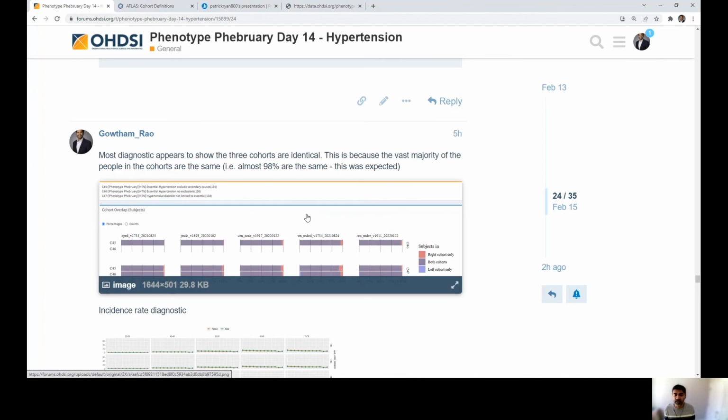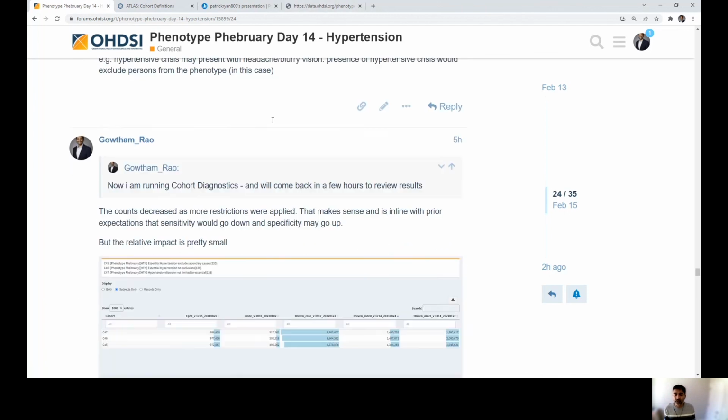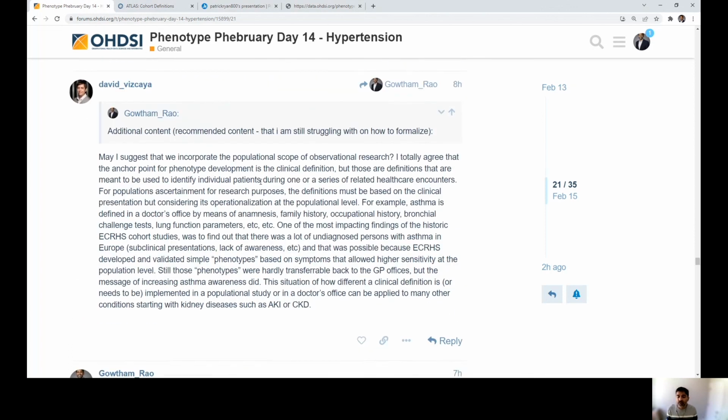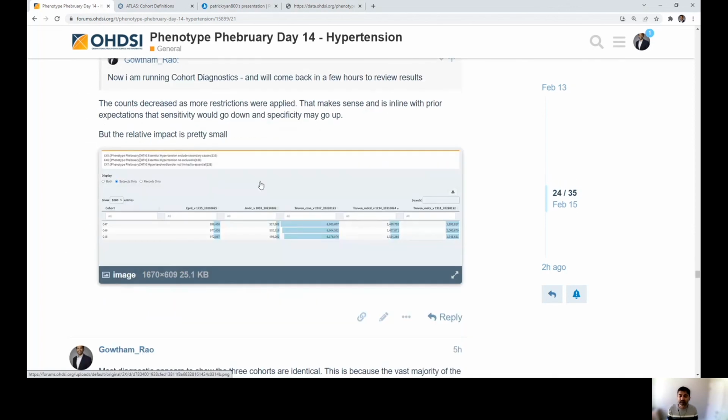My argument here was that I have three candidate cohort definitions. The one cohort definition is pretty broad. It starts at a hypertensive disorder. This one is my concept set expression of choice, which is essential hypertension. And here I have the same concept set expression, but I have additional exclusion criteria.